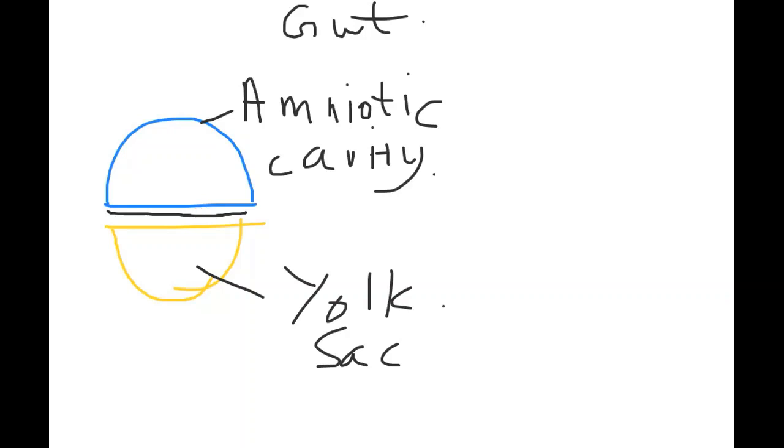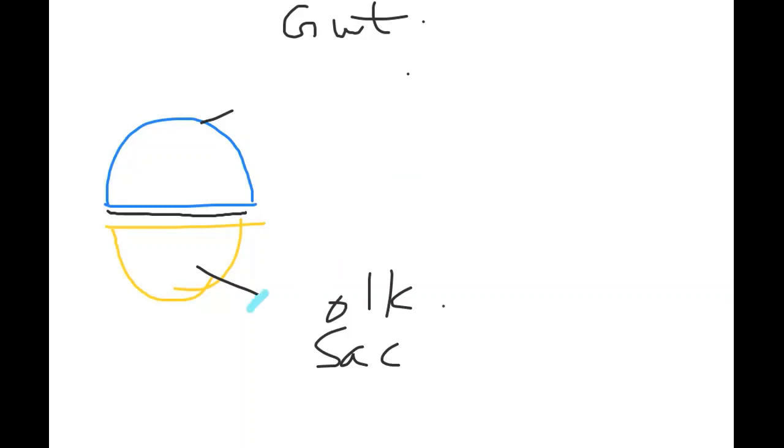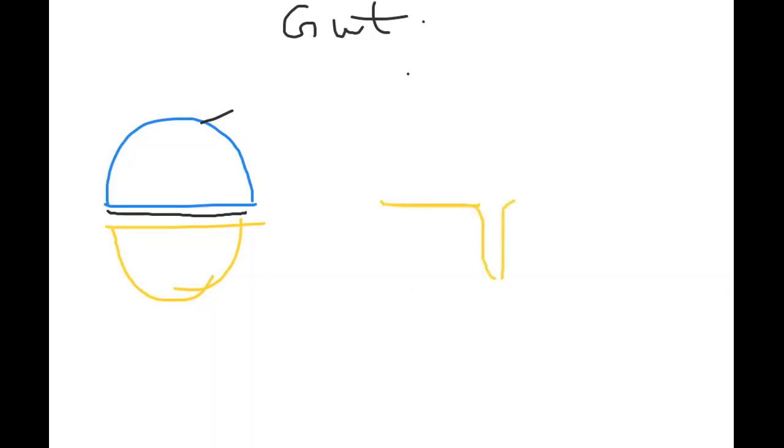This amniotic sac and the yolk sac remodel extensively to ultimately form the foregut, midgut, and hindgut, which at the midgut communicate with the yolk sac.